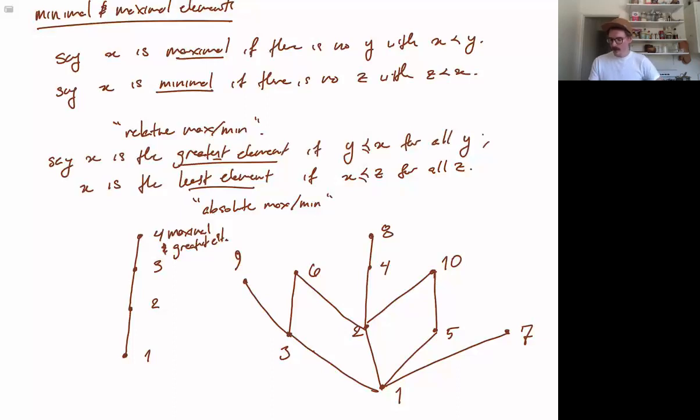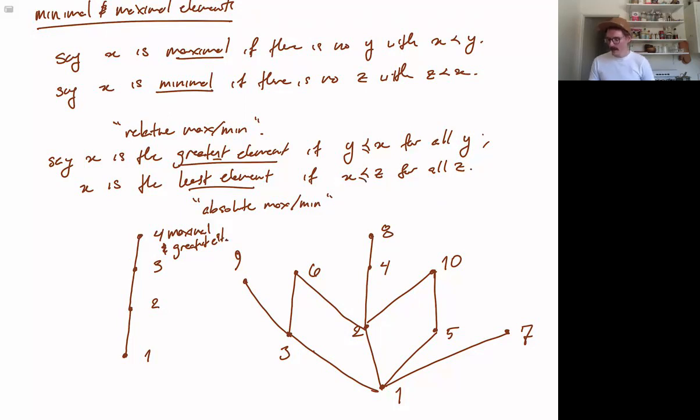Because you can see there is nothing bigger than 4. It has no line coming up top. And it does have a line down to every other element. So the first thing, that there's no line going up, means that it's maximal. And the second thing, that it connects downwards to every other element, means that it is the greatest element.